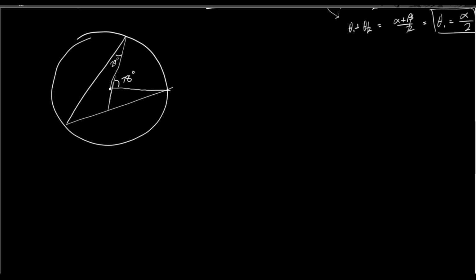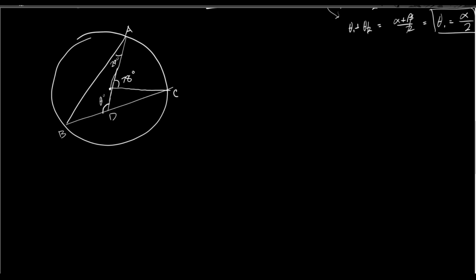Given this information, we want to find the value of theta, this angle here. It might not be clear from this diagram, but let's say AD is a straight line. So how would we go about finding theta?